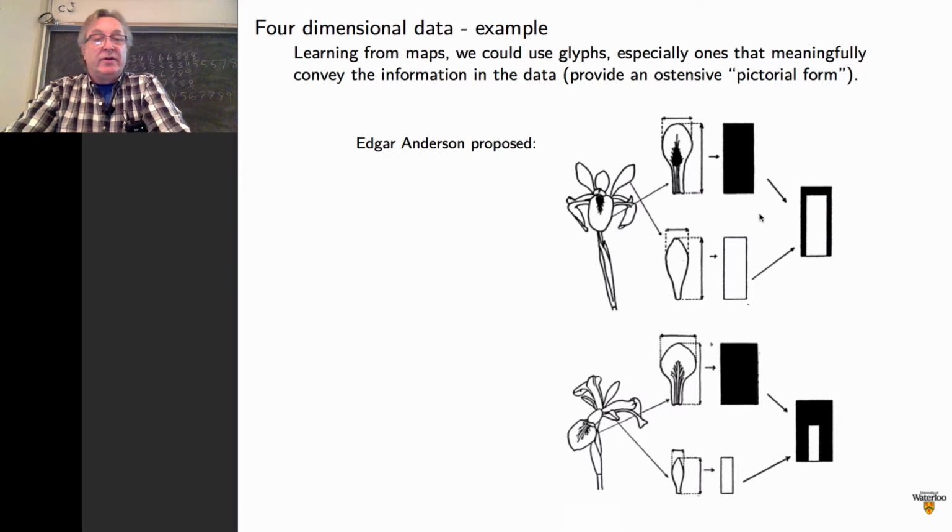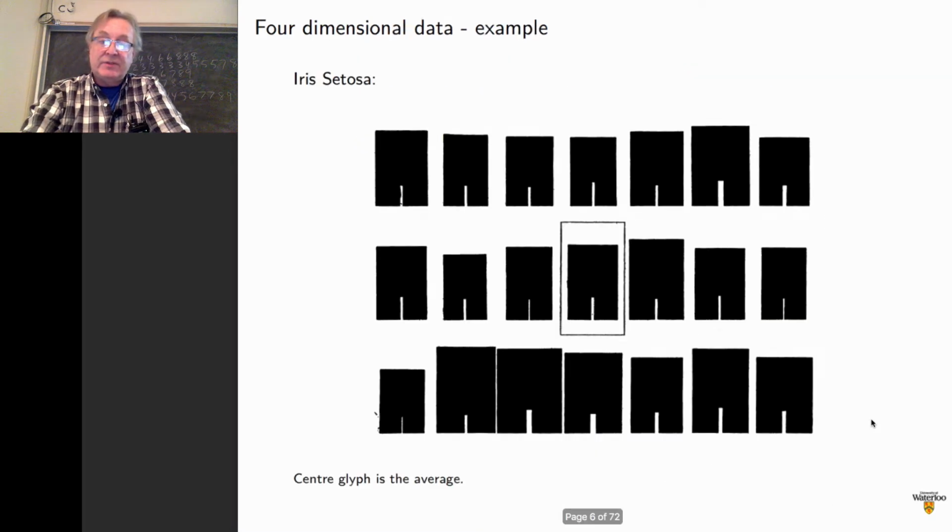And this is in fact what Edgar Anderson, the botanist who collected this data, actually used, and produced these glyphs. So we see that from the sepal we've got the height and the width, and then we've got the petal, and we just cut that out. So that little image represents that one flower. It's another flower. Okay, so we're just going to use those glyphs.